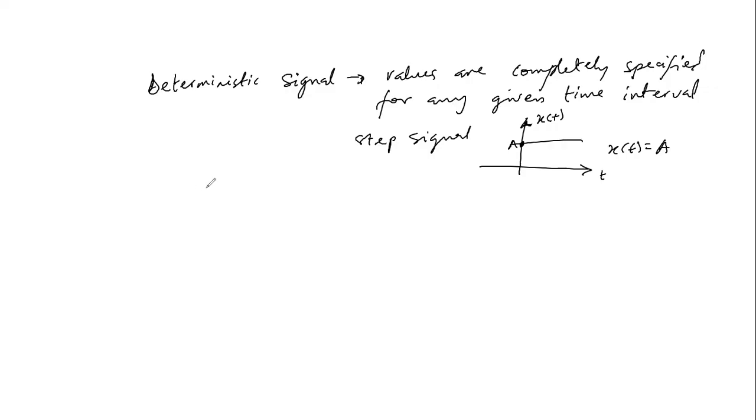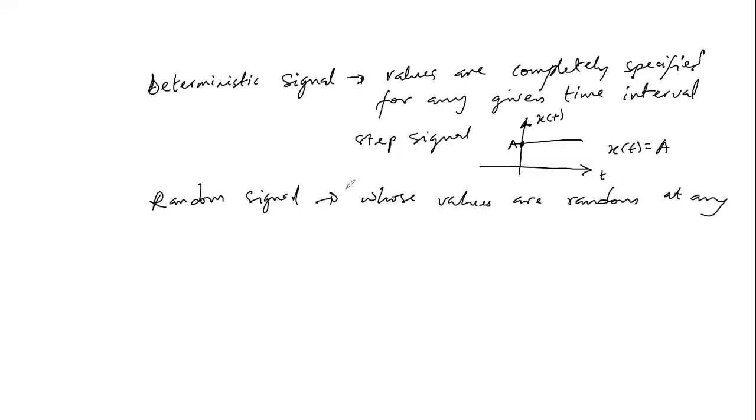Then we also have a random signal, meaning the value is not explicitly specified. So this is a signal whose value or values are random at any given instant of time.